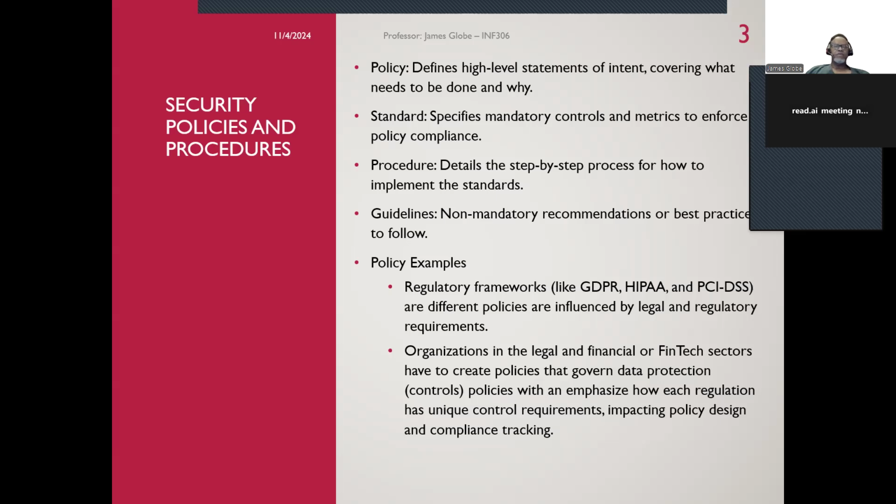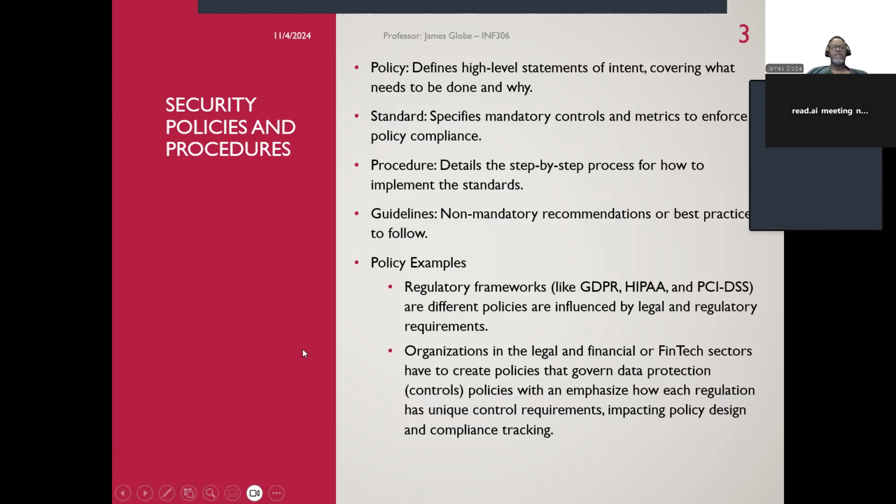Real good examples of that are operating systems or access control policies, strong password policies that apply to all systems, all staff and employees. A standard specifies mandatory controls and metrics to be enforced to enforce policy compliance.